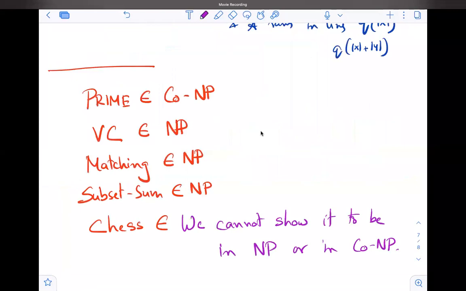Co-NP are the problems for which you can produce a polynomial size proof for the no answers. So here the no answer would be that in this configuration, black cannot win.